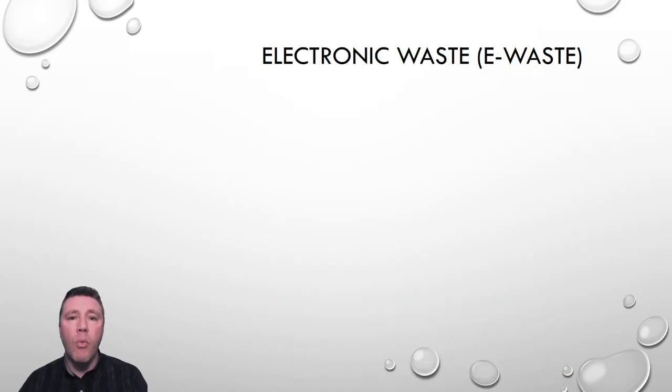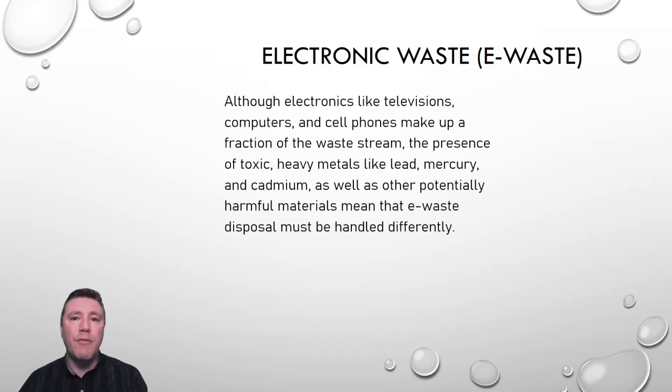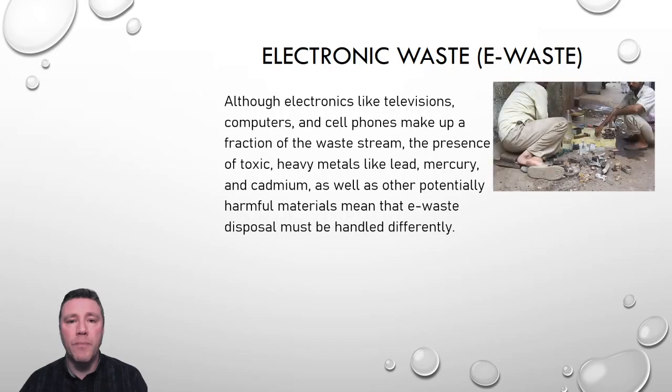In the realm of waste disposal, electronic waste, or e-waste, is a special category all to its own. Even though our electronic waste makes up only a portion of the total waste stream, the fact that those products, like cell phones and computers and televisions, all contain toxic materials means disposal needs to be handled in a different manner than simply dumping it into a landfill.